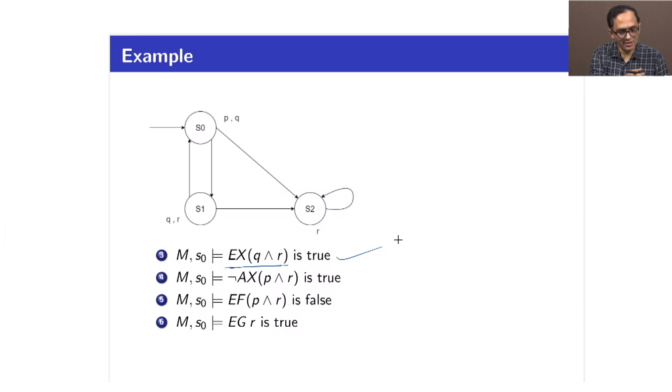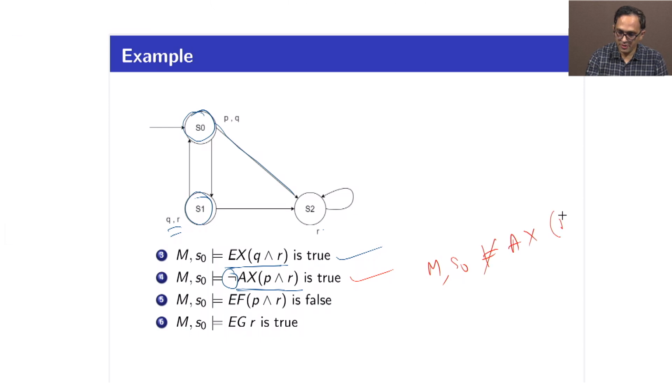So, now the rest of the things I can discuss here also. I am trying to say that in all paths, next state P and R holds. If you think about starting from here, in this state P and R does not hold, right, and in this case also P and R does not hold, and I am taking a negation of that. So, this also holds, because effectively M, S0 does not satisfy AX (P and R).